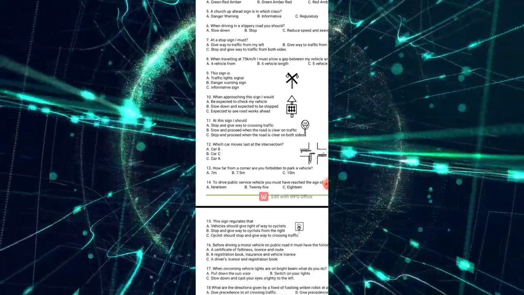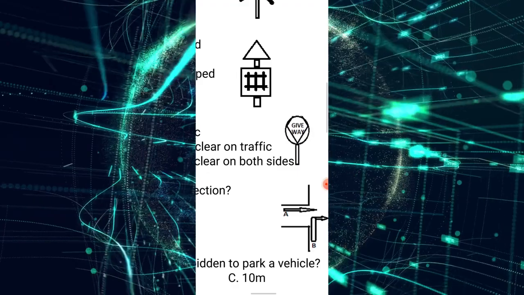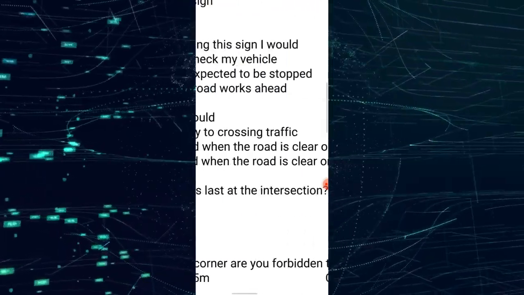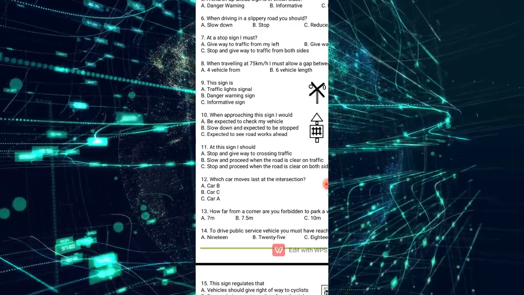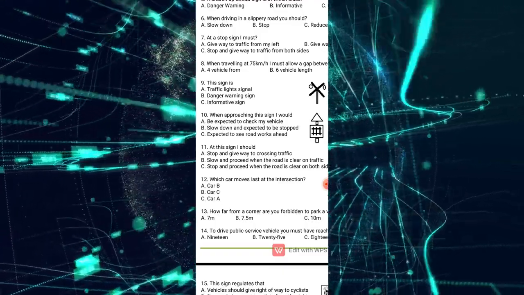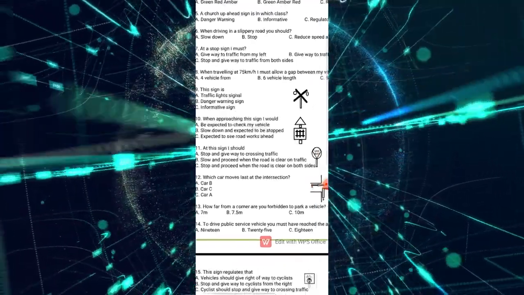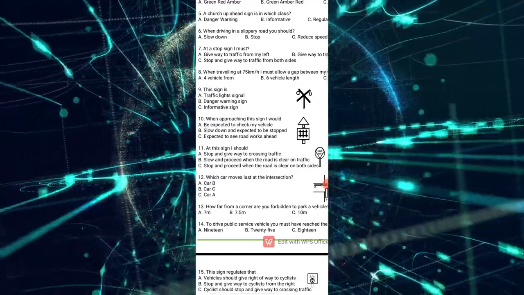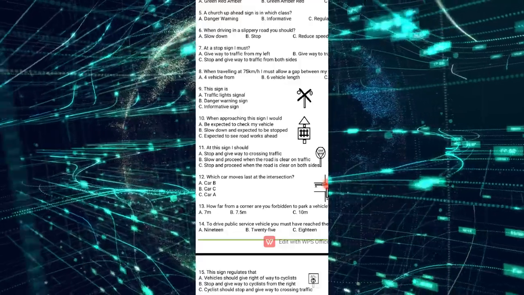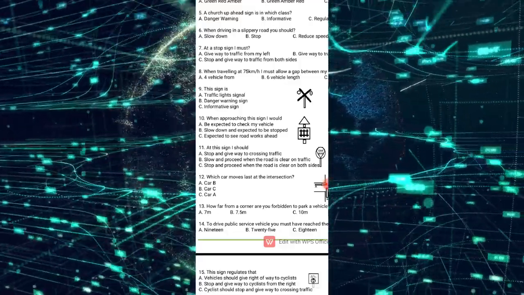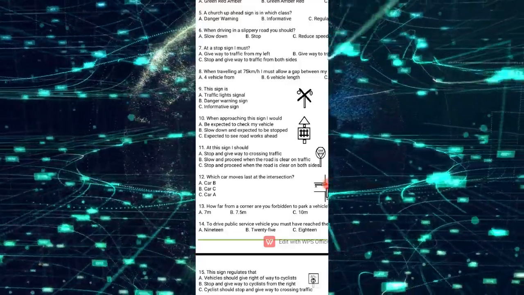Number 11, at this sign I would. So this is a giveaway sign, right? So what are our answers saying? A, stop and give way to crossing traffic. B, slow down. Probably they wanted to say slow down and proceed when the road is clear of traffic.